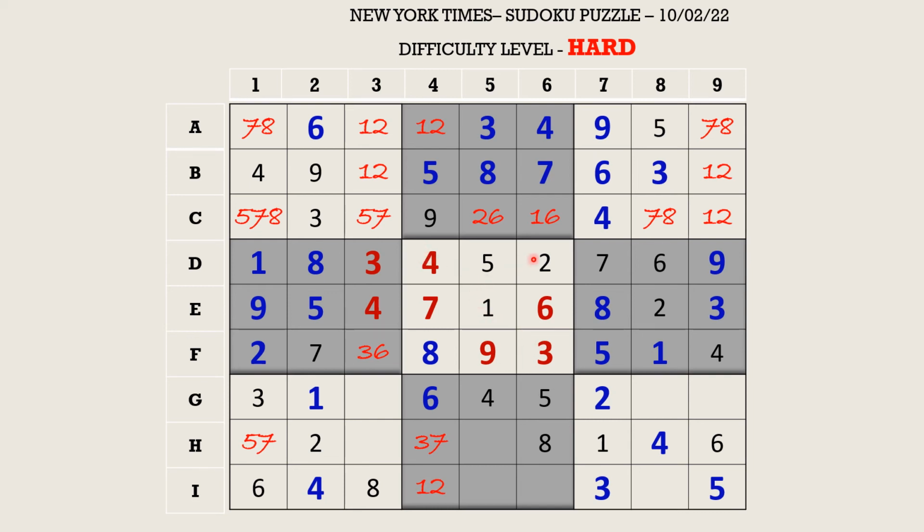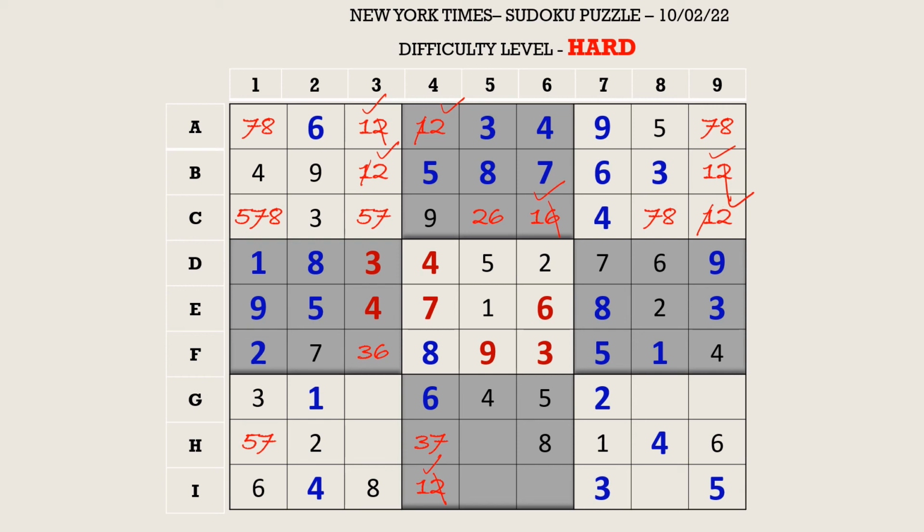Now since we have cracked this block, it is very easy to crack most of the pairs here. Let's see. C6 becomes 1. So this becomes 2. It is 1. This is 2. This is 1. This is 2. This is 2, 1.